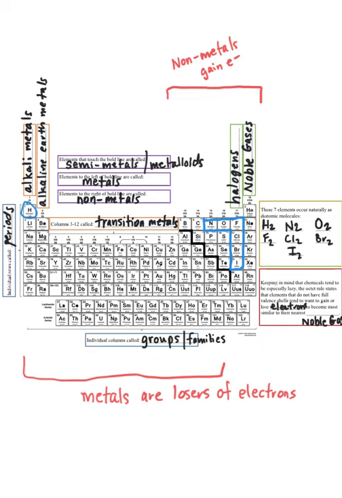Why is this? Take, for example, an element like fluorine. Fluorine is not a noble gas because it's not part of group 18. Fluorine has 9 electrons. But its nearby neighbor, the noble gas neon, has 10.